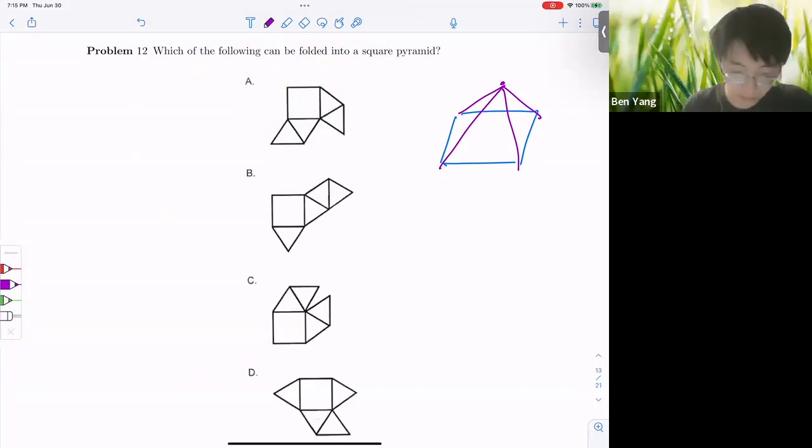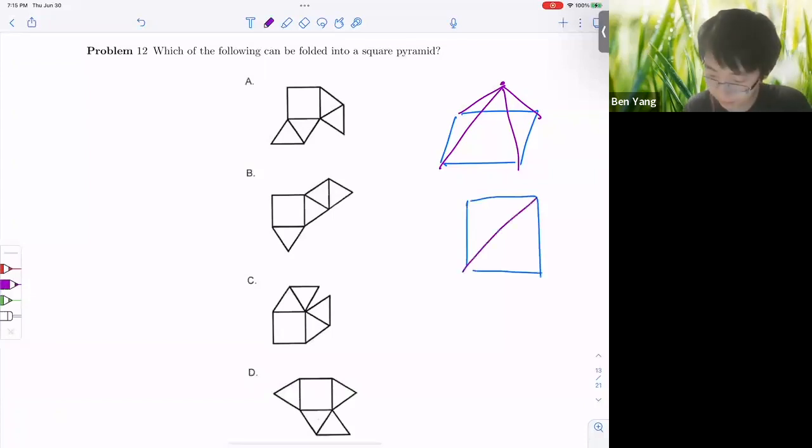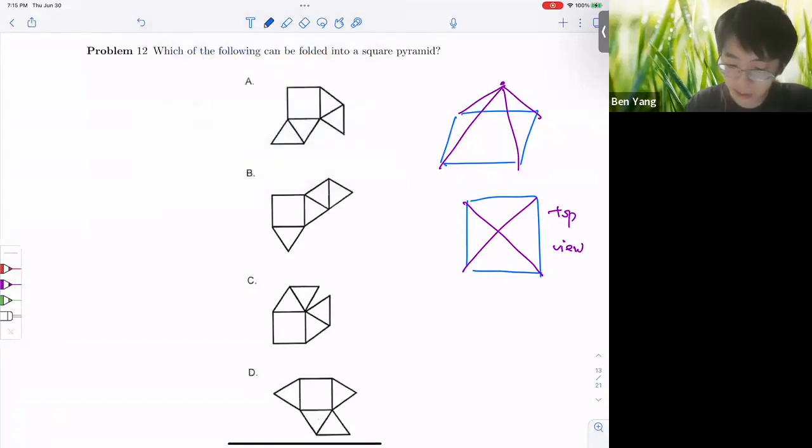Let's see. I guess we can look at the top view of the square pyramid. It's going to be something like that. This is the top view. And let's do some coloring. If you think about the first shape there, if we fold that triangle up, then eventually that triangle will be this one here. This is the top view of that triangle. So let's color them using the same color.